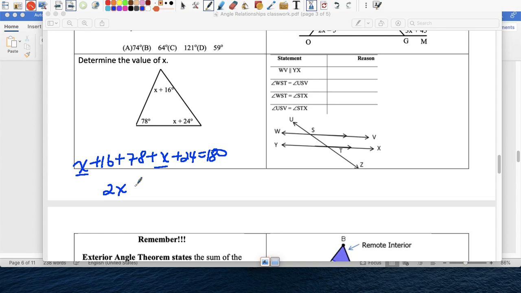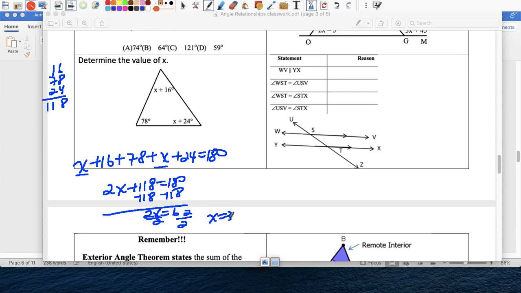Let's add these numbers: 16, 78, and 24. 8 plus 4 is 12, carry 1, so that's 10, 118. Plus 118 equals 180. Minus 118, minus 118. We get 2x equals 62. Divided by 2, x equals 31.